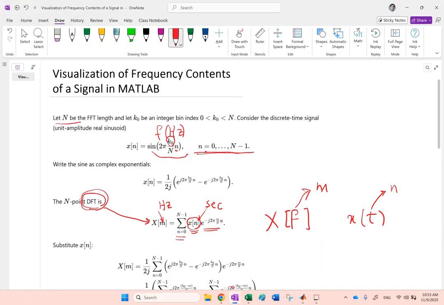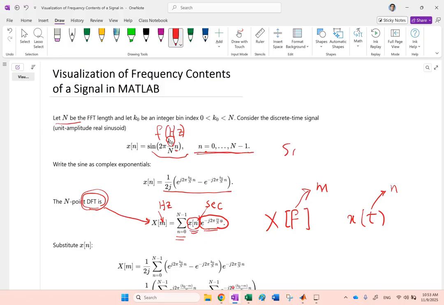Okay. Since this has an exponential, I'm going to write this sine wave also as exponentials, because then you have exponential times exponential, which ends up being another exponential, and performing the summation is easier. So what I'll do here is write the sine as 1 over 2j times e to the jn minus e to the negative jn, right?